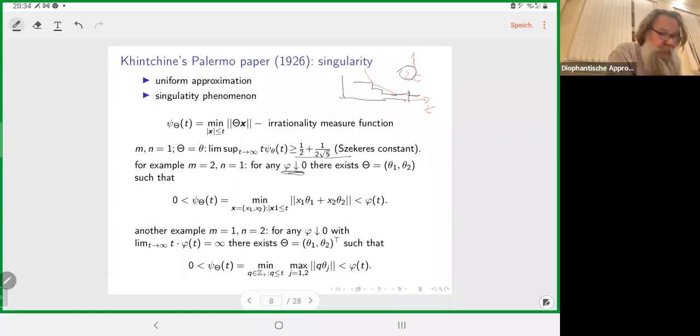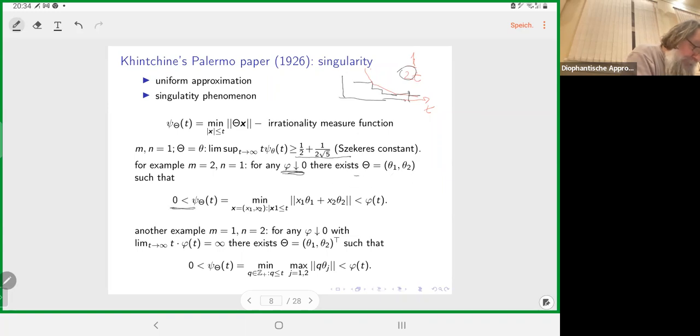I forgot to write here that theta 1, theta 2, and 1 are linearly independent over Q. Oh, no, I wrote it here.